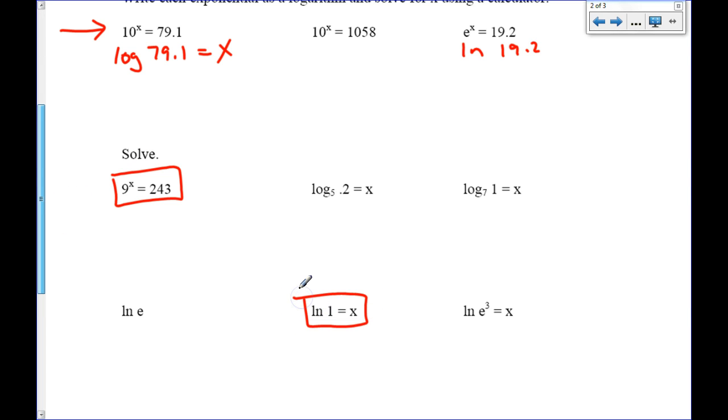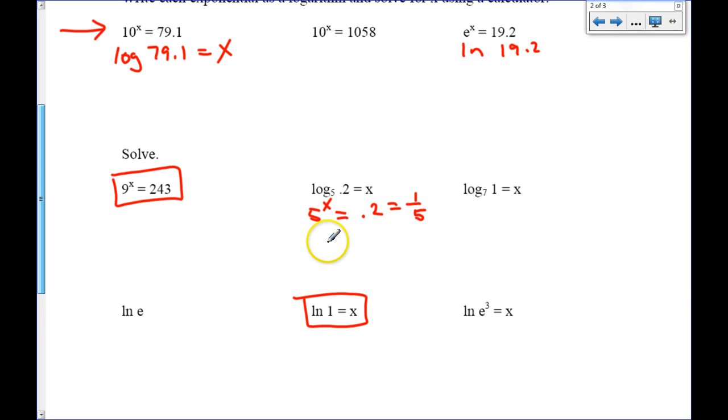This one too. But I wanted to point out this one right here. This is like saying 5 to the x power equals 0.2. Okay? How would I write 0.2 in fraction form? 1/5. All right. So 5 to what power equals 1/5?